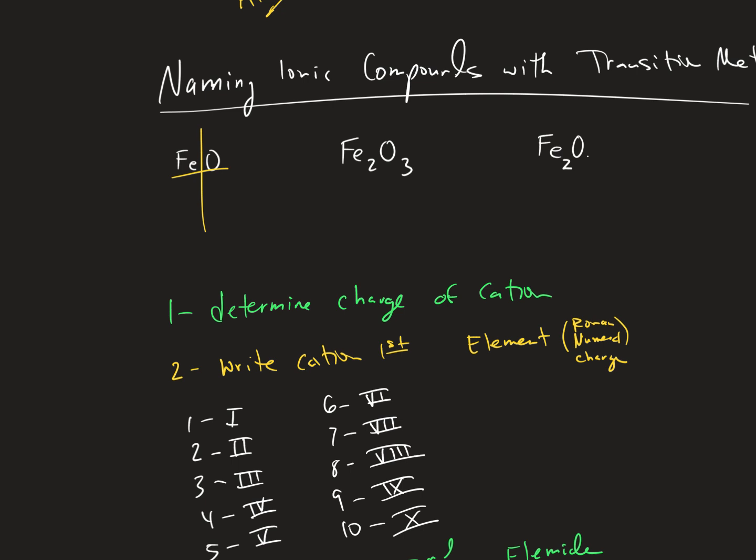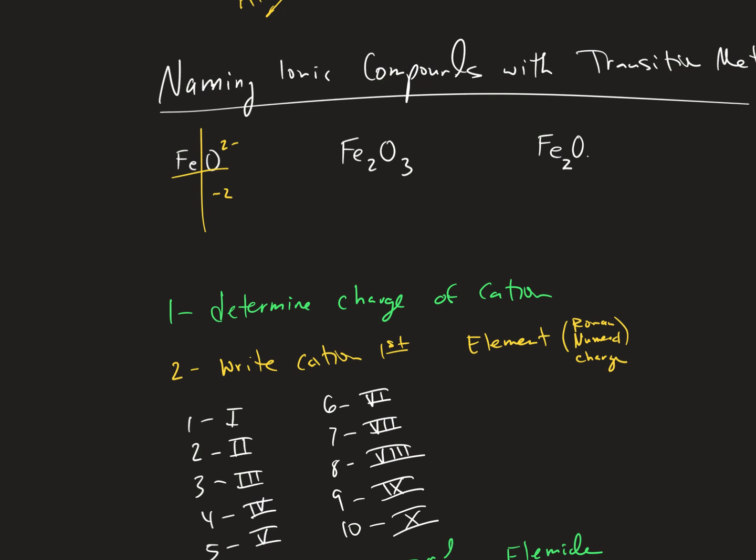We have to know the charge of the anion. What's the charge of the oxygen anion? 2 minus. Yeah, do we all know how to find that on the periodic table? Okay. And how many oxygen atoms are there in this compound? One. Only one. So the total charge of all the anions is -2.